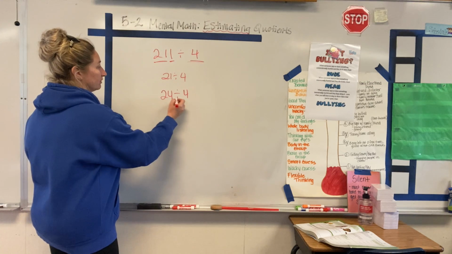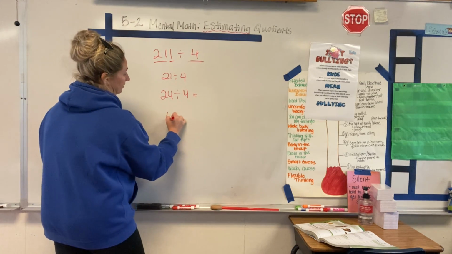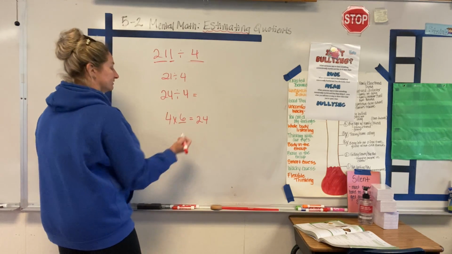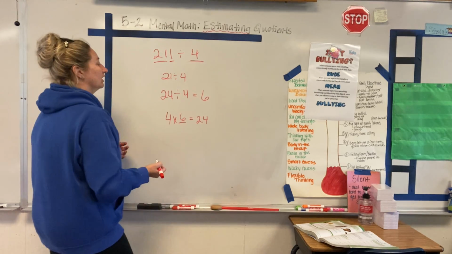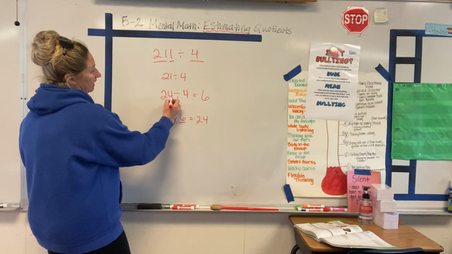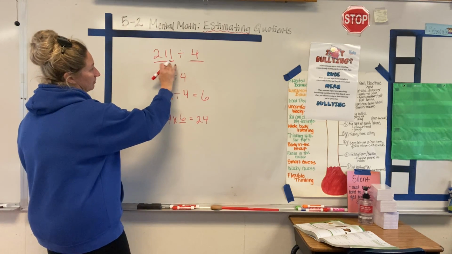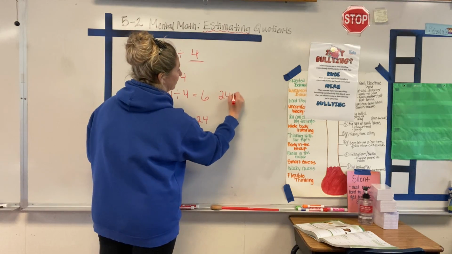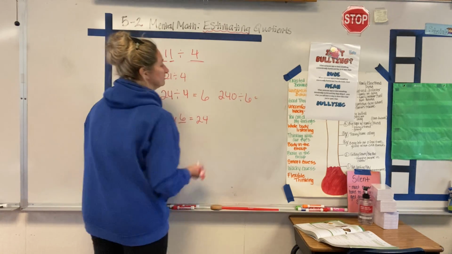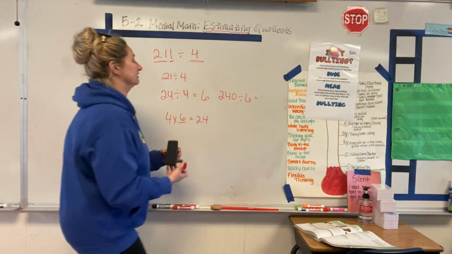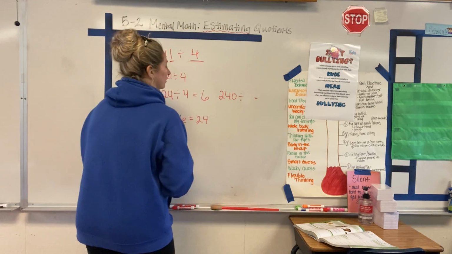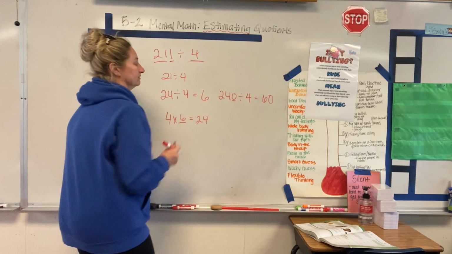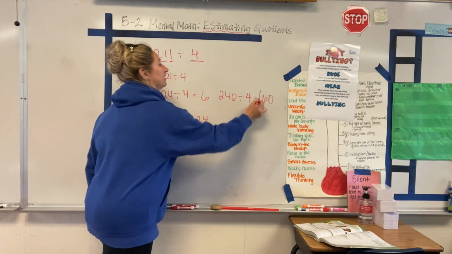And say 24 divided by 4 equals, because I think 4 times blank equals 24, 4 times 6. Okay, so 6. And then I have to make sure I have all my place values, hundreds, tens, and ones. So it's actually 240 divided, not by 6, divided by 4 equals 60 because of the 0 there, for an estimate.